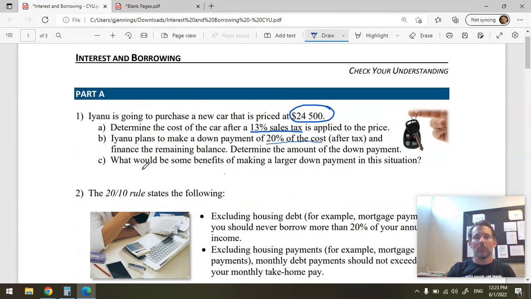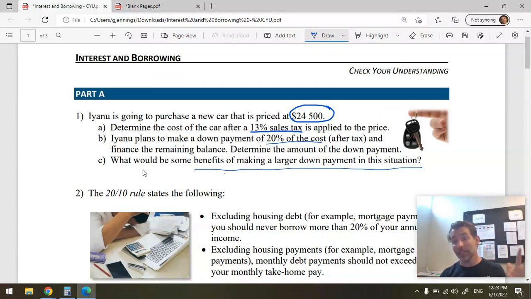And then we want to think about what would be the benefits of making a larger down payment in this situation. Well, one of the drawbacks is you need to come up with more cash, and that's hard. But if you can, it means you have less to pay later. If you're paying less money later, you'll pay less interest, you'll pay less money overall, and you will ultimately save money in the long run.